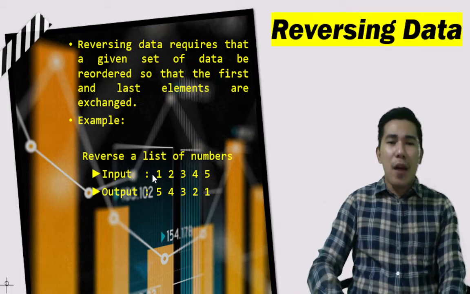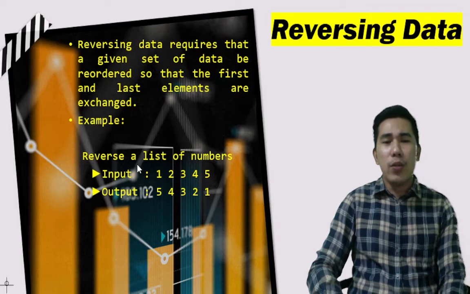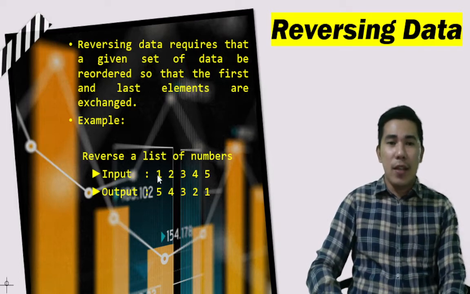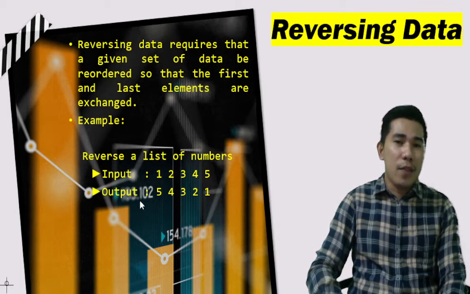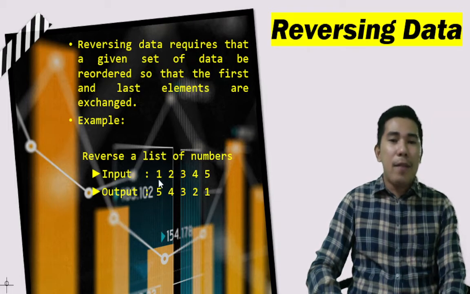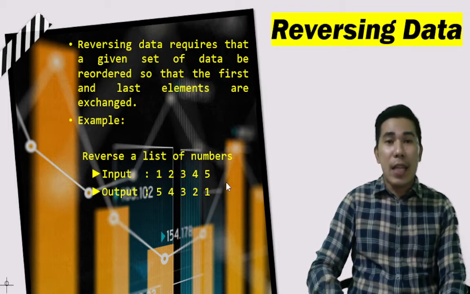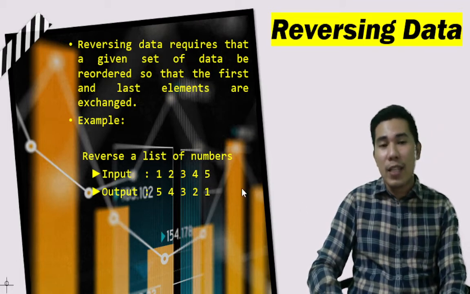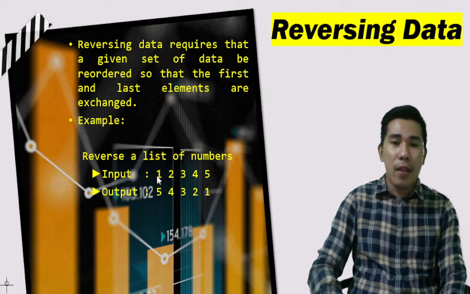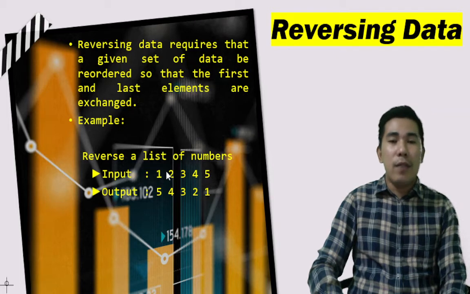In a similar manner, if we are going to reverse a list of numbers, okay, if this is in Java, there are two ways on how you actually reverse this particular data. If it's entered as a string value, you can go directly to the last value of the number and then visit going back to the first one.